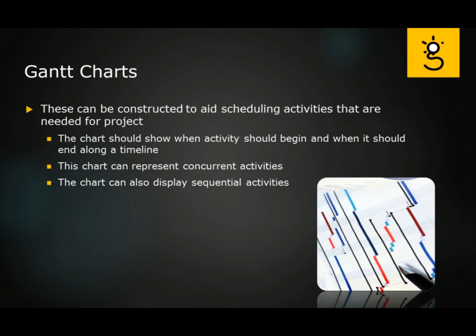You may have some activities that are running concurrently at the same time in this representation. It also has a start time and stop time for each activity in the overall project. And when one activity stops, maybe then the next activity begins. So you also see some of those sequential activities.